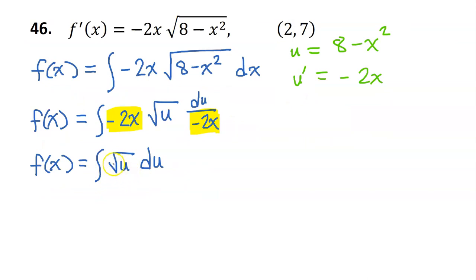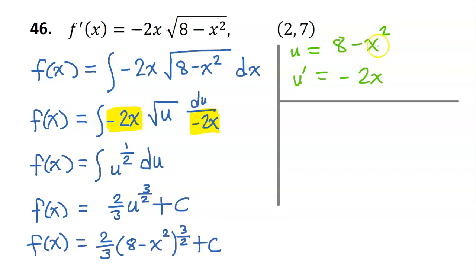But instead of the square root of u, let's write u to the 1/2 power. Now we can use the power rule of integration. Increasing this exponent by 1 gives us u to the 3/2 power. Next we divide by the new exponent, but dividing by 3/2 is the same as multiplying by 2/3. And don't forget the plus c.